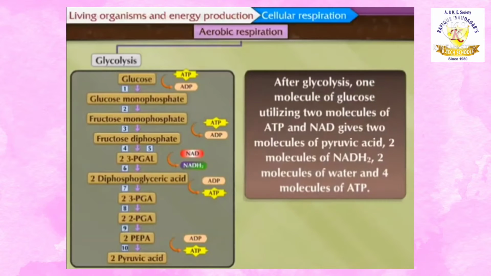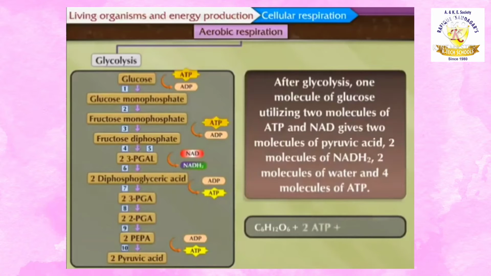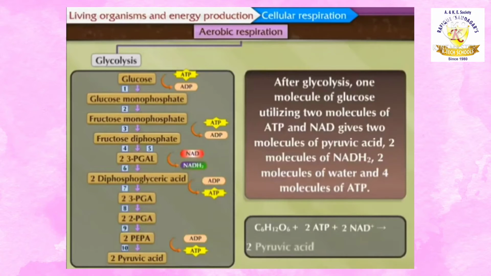And after glycolysis, one molecule of glucose utilizing 2 molecules of ATP and NAD gives us 2 molecules of pyruvic acid, 2 molecules of NADH2, 2 molecules of water, and 4 molecules of ATP is produced.